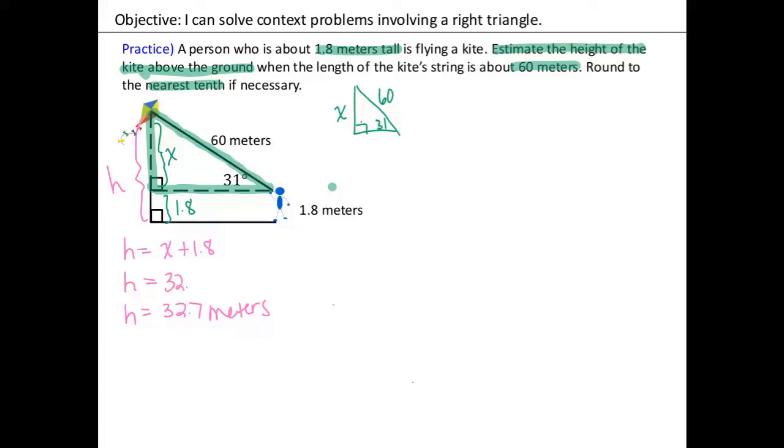32.7? No, for like 30.9, right? For x? What trig function did you guys use? Sine of 31 equals x over 60, right? So you should have had x equals 60 times sine 31, which gives you about what? 30.9, I think, meters.